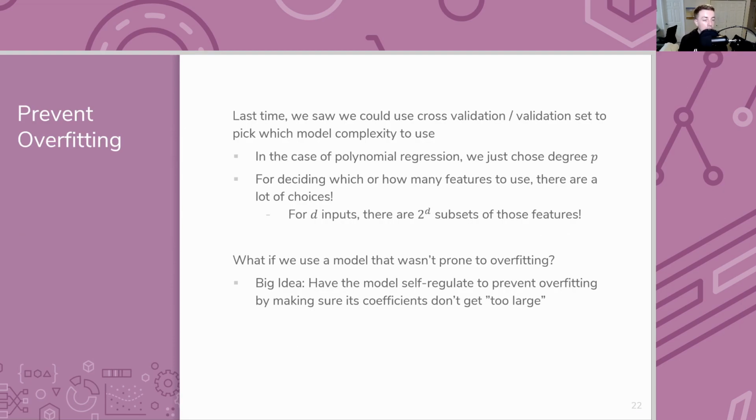In some sense, try to prevent large coefficients in the first place. We'll call this idea of trying to control the learned coefficients regularization. This is going to be a very important technique that we'll use to prevent overfitting. We'll explore this in Monday's class and Wednesday's class. We'll talk about what regularization is and different ways of doing it. But this is just background information for where we'll pick up.